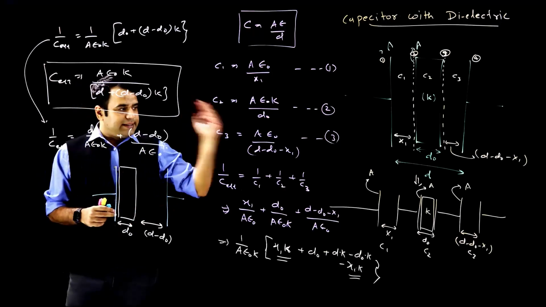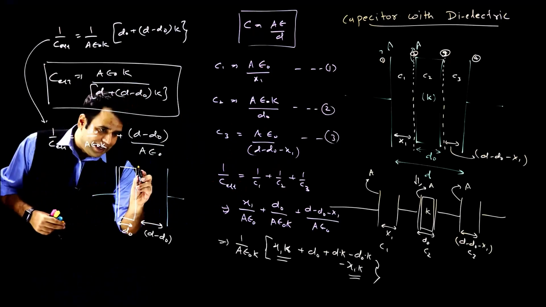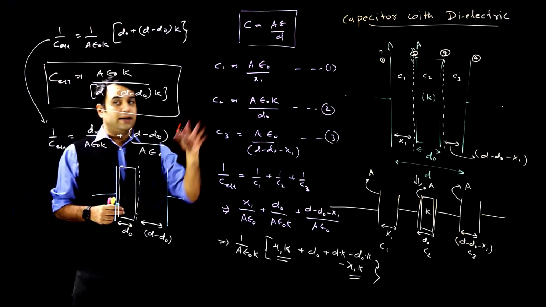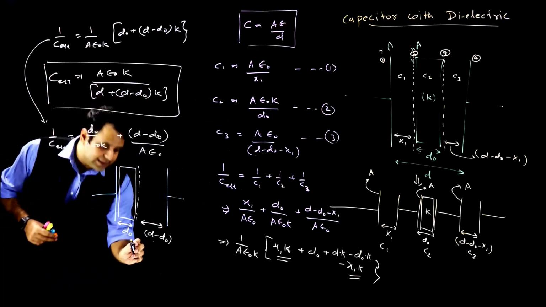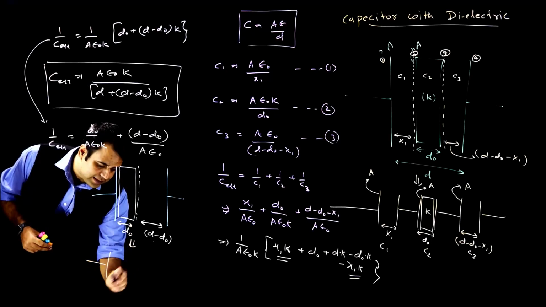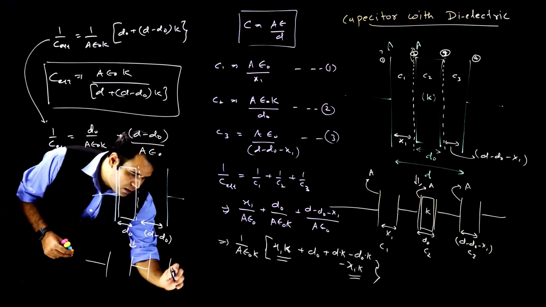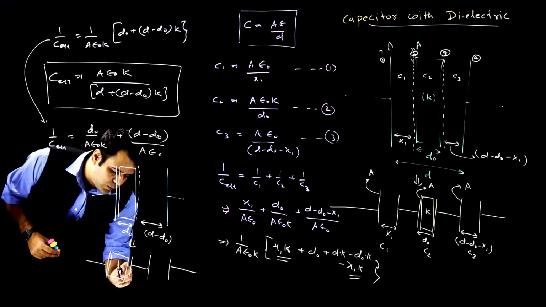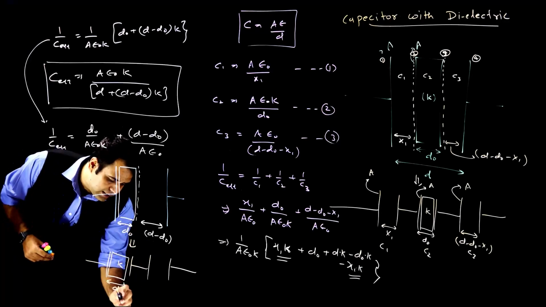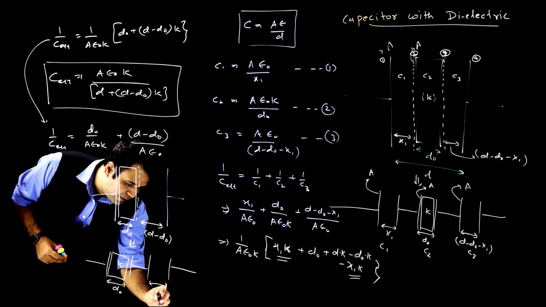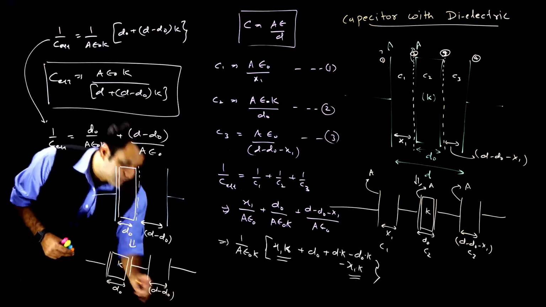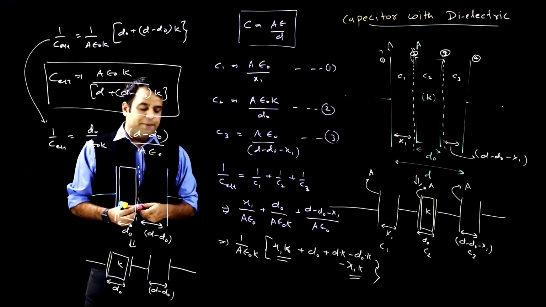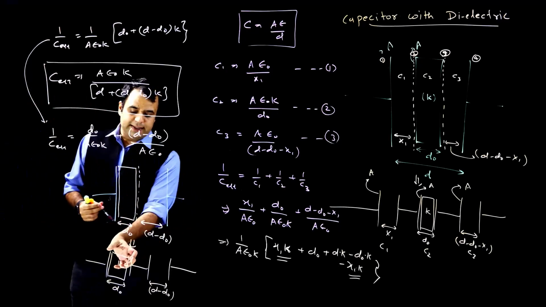And if I use the same principle one more time, introducing a conductor, but this time just one, not two, this system will resemble two capacitors, where one has K and width D0, and the other has width D minus D0.